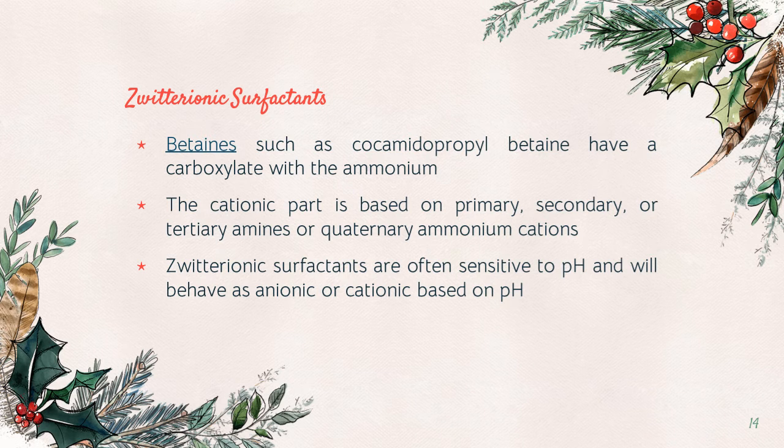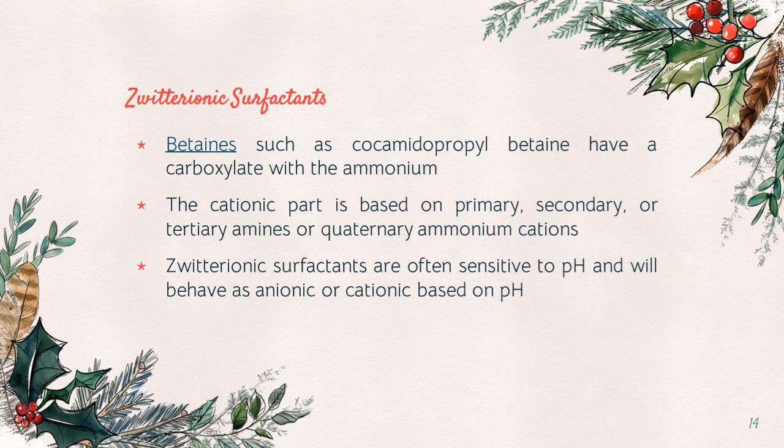Another example is betaines, such as cocamidopropyl betaine, which has a carboxylate with the ammonium. The cationic part is based on either primary, secondary or tertiary amines or quaternary ammonium cation.